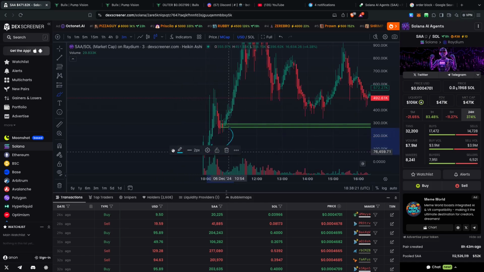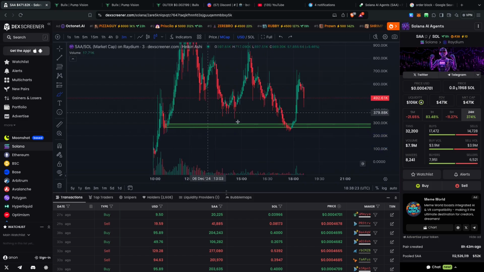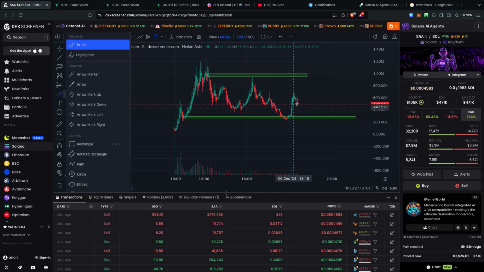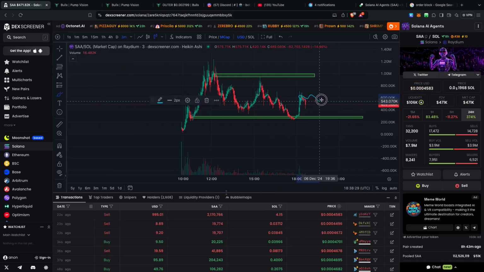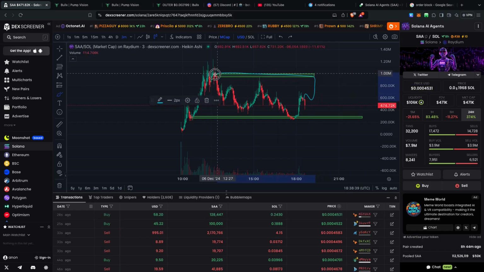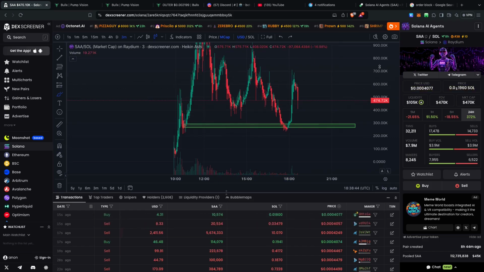So psychologically speaking, I already know what is bound to happen. If the price continues being bullish and continues going up, I would always be looking forward to seeing how the price is going to interact with this resistance coming in from the bearish order block right over here.